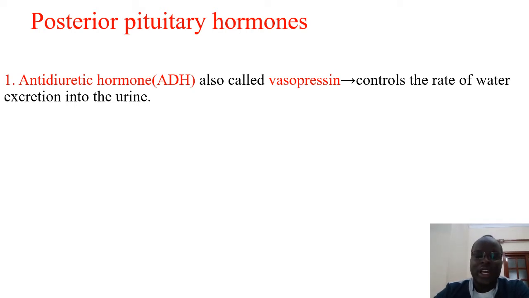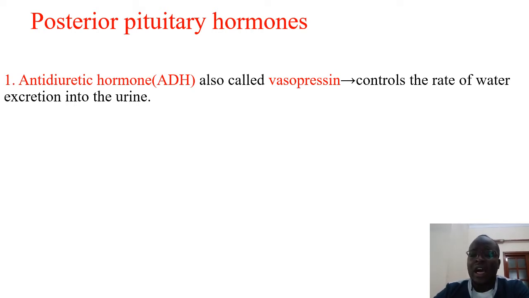If it binds to the V2 receptors, it will activate the G protein coupled receptors. Once activated, they can activate other enzymes like adenyl cyclase, which converts ATP into cyclic AMP, and the cyclic AMP can activate protein kinase A. Once protein kinase A has been activated, it will facilitate translocation of aquaporin 2 to be embedded within the apical side of the epithelium cells.